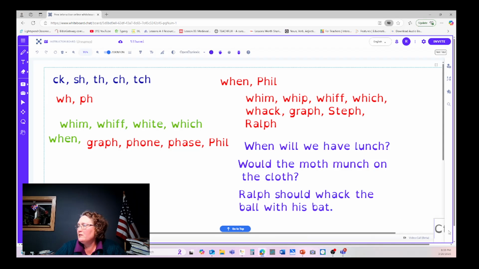Did you read those sentences? If you need to pause, go ahead. Otherwise, I'll read them and you check to make sure you read them correctly. When will we have lunch? Would the moth munch on the cloth? Ralph should rack the ball with his bat. Okay. If you read those the same way I did, then you're off to a great start.